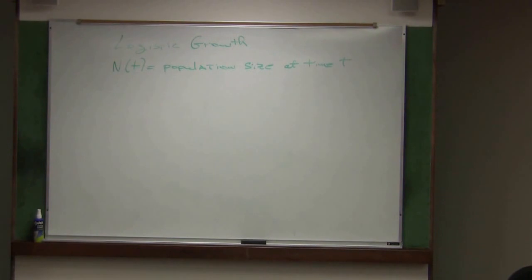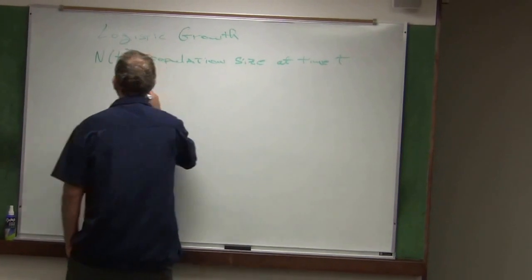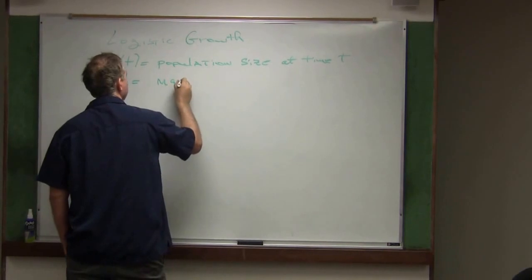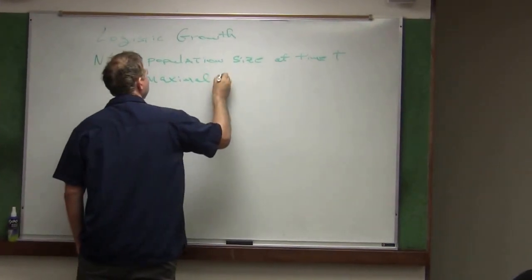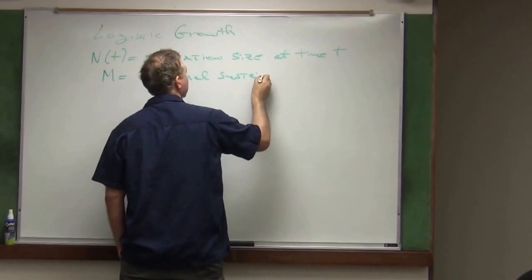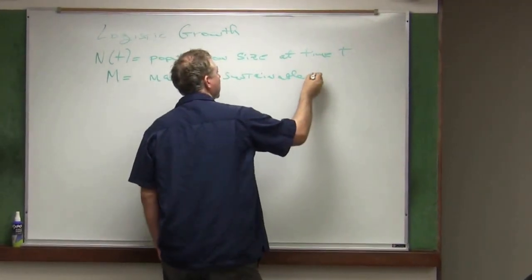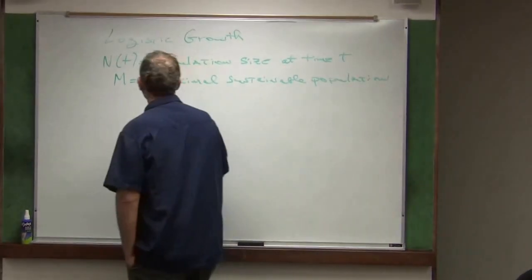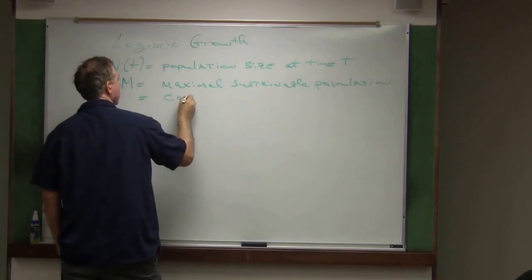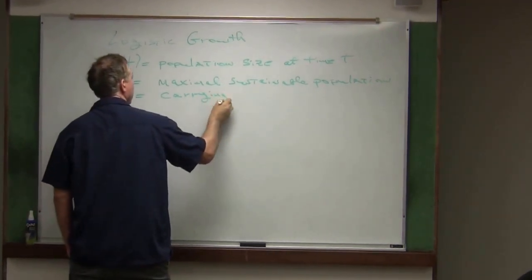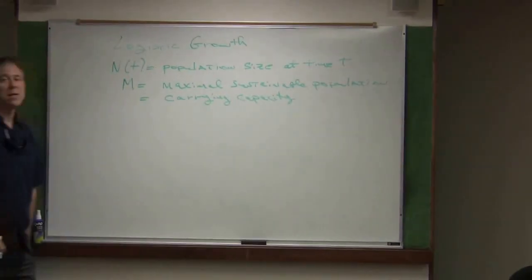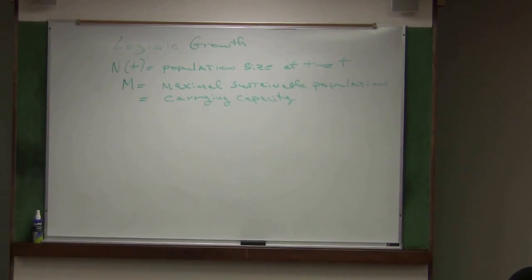It can't ever get beyond the carrying capacity, because of the limited resource. So let's say M is the maximal sustainable population, also called the carrying capacity.